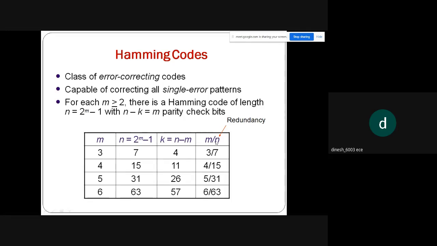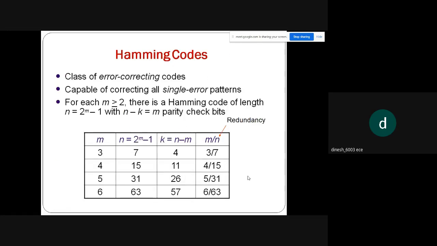Then we can find the code rate. Code rate is your redundancy. It can be found out by m bar n. m is 3, n is 7, so 3 by 7. Similarly, do it for m is equal to 4, m is equal to 5, and m is equal to 6, and see what you get.